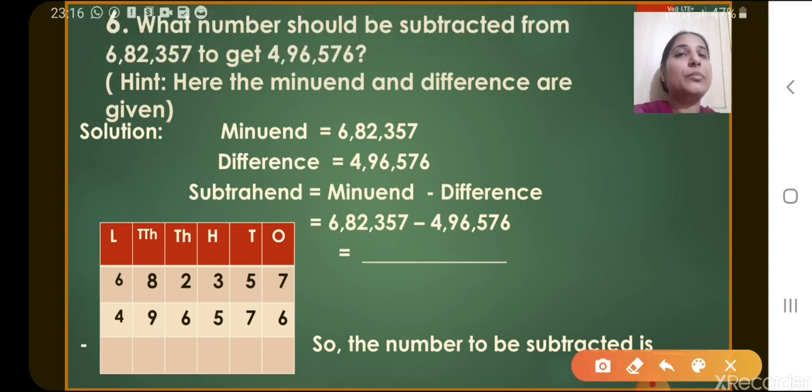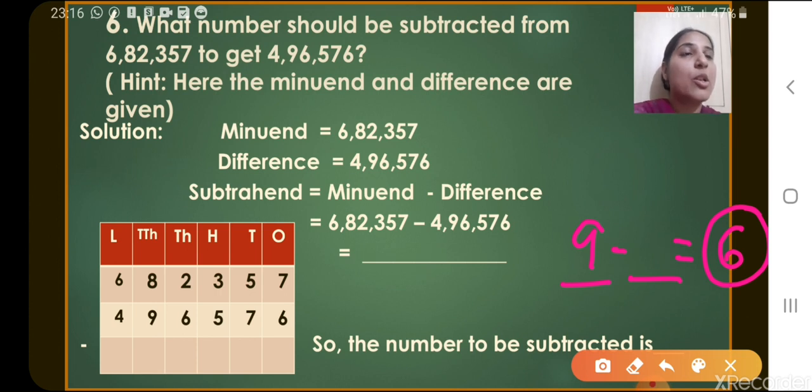What number should be subtracted from 9 to get the difference 6?